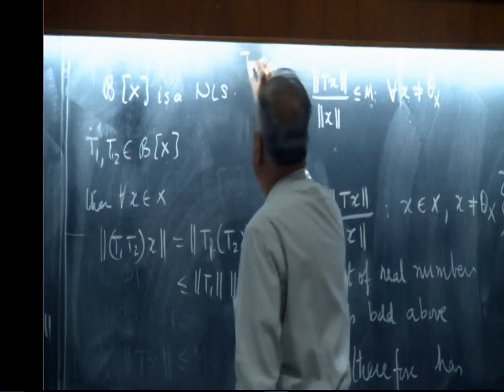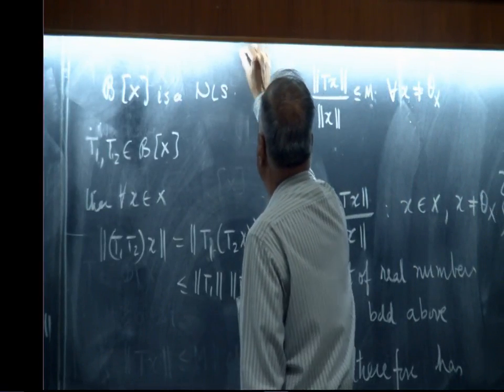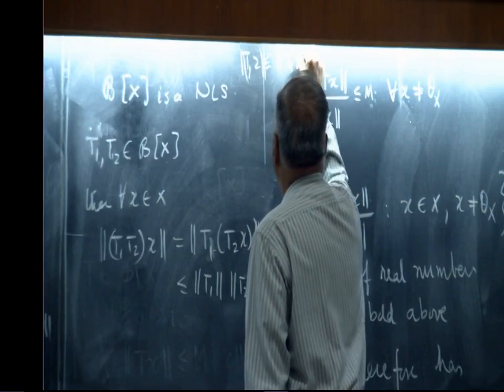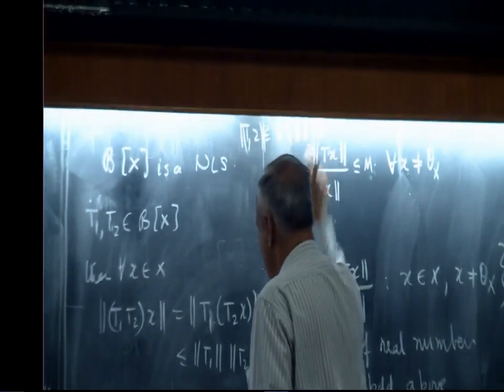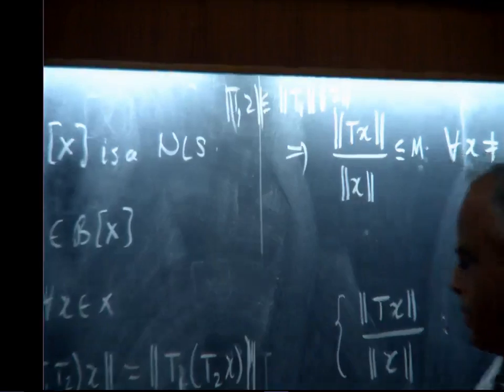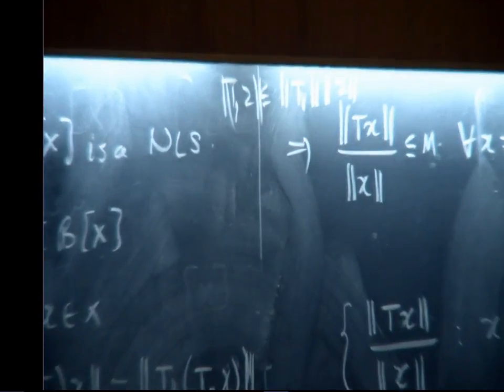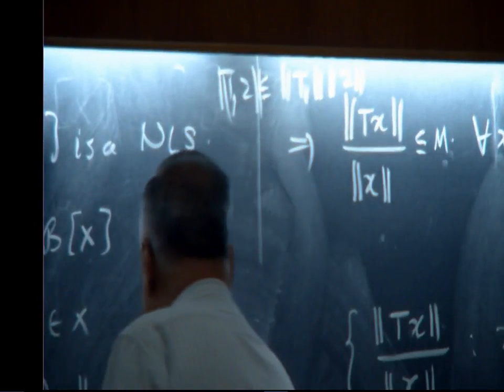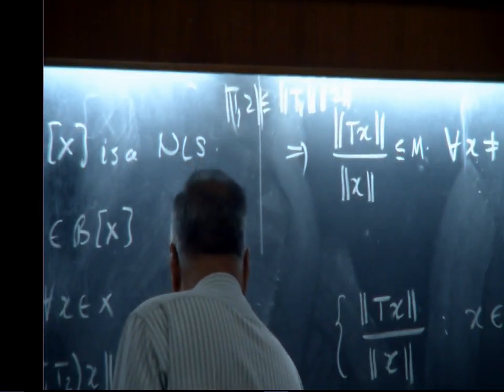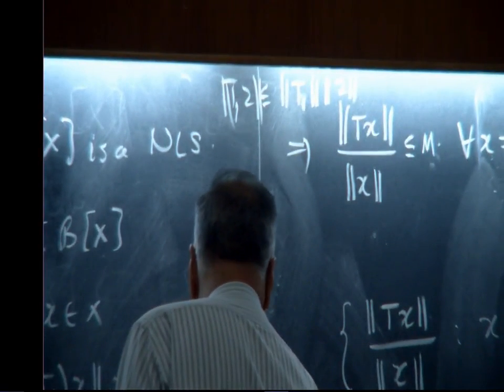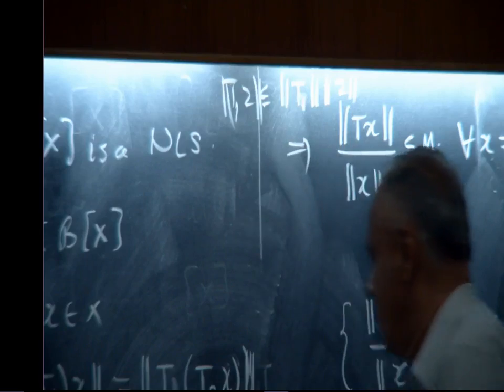T1 of z is less than or equal to norm T1 into norm z. So I am taking this as z. Now I apply that T2 is also bounded, so this is less than or equal to norm T1 into norm T2 into norm x, and therefore norm T1T2x is less than or equal to k times norm x, which is this k.